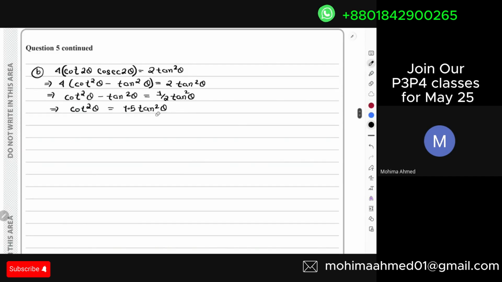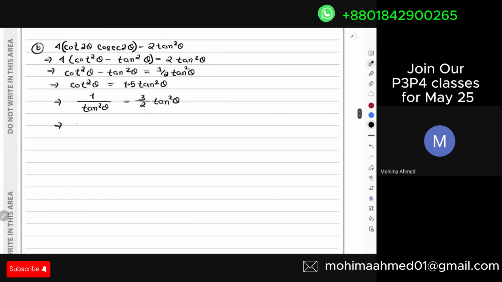So cot square theta is 1 by tan square theta, and you get 3 by 2 tan square theta. If you take all the tan square thetas together, you get 1 equals 3 by 2 tan power 4 theta.